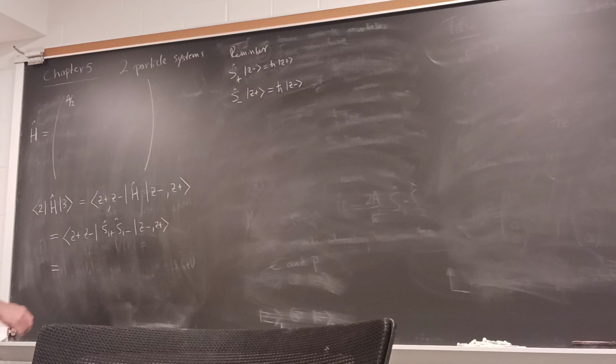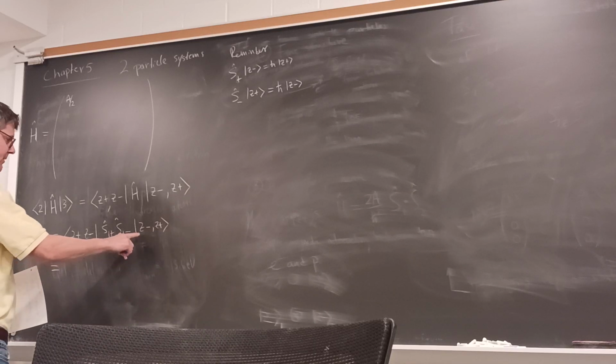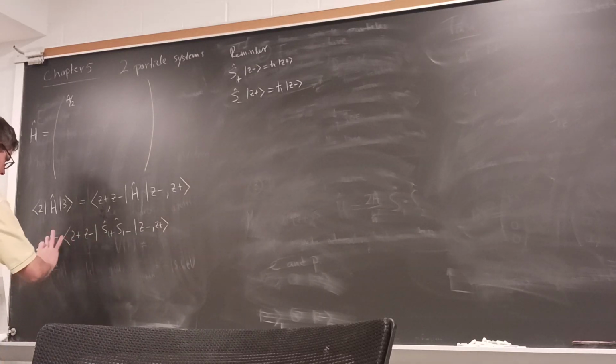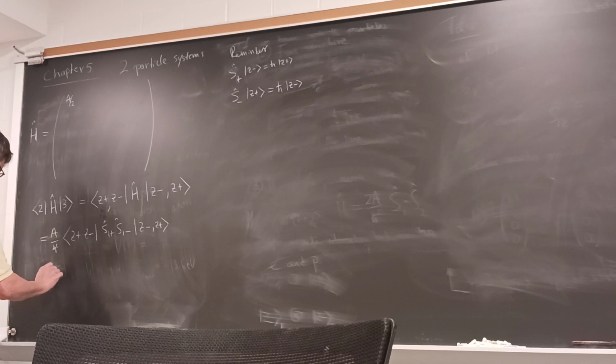So that means we'll get one H bar from this and one H bar from that. So this was A over H bar squared, so this is just A.